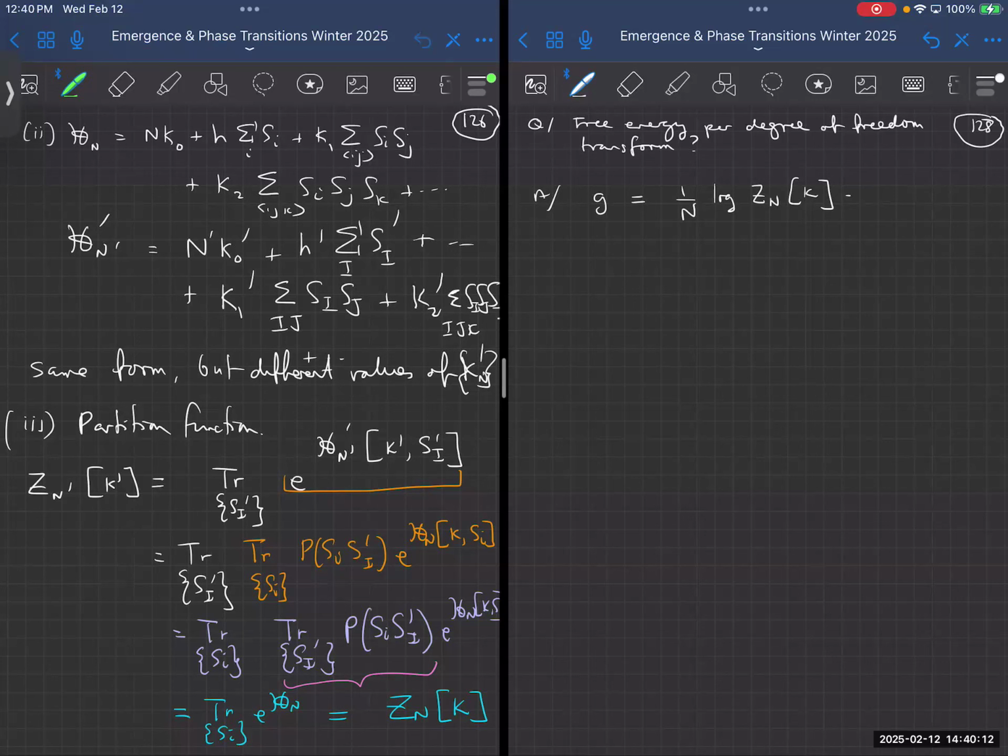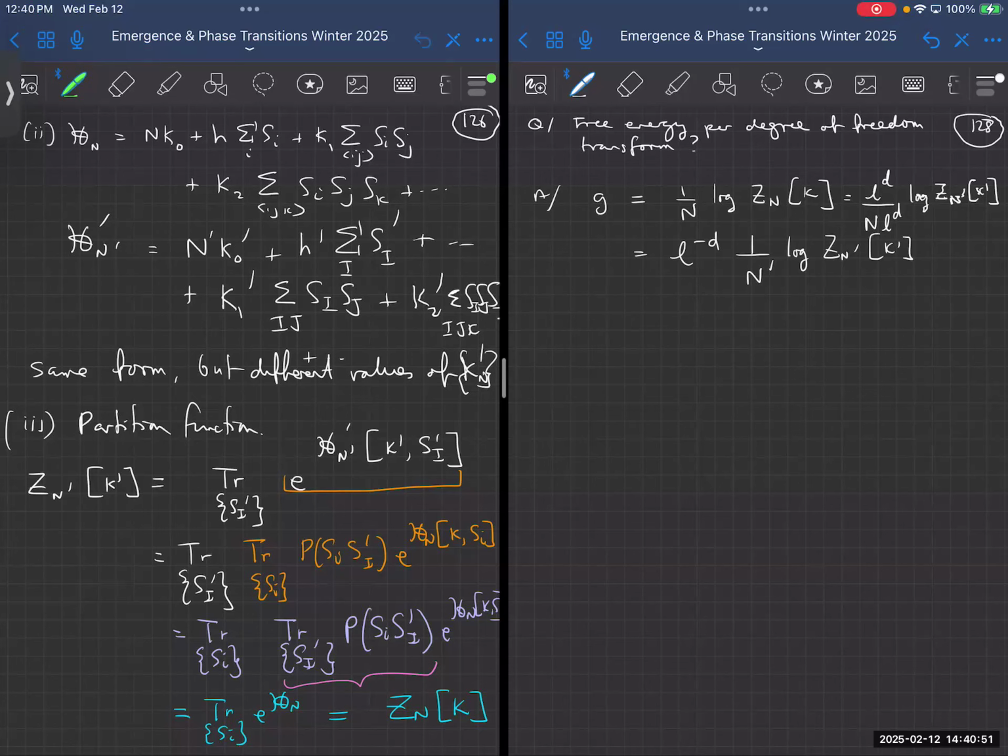So I can write this as L to the D over N, L to the D. So I've just multiplied and divided by a factor of L to the D, but now I'm going to replace Z_N by Z_N prime as a function of K prime, because those two things are the same. And so this then I can write as L to the minus D times 1 over N prime times the logarithm of Z_N prime of K prime.